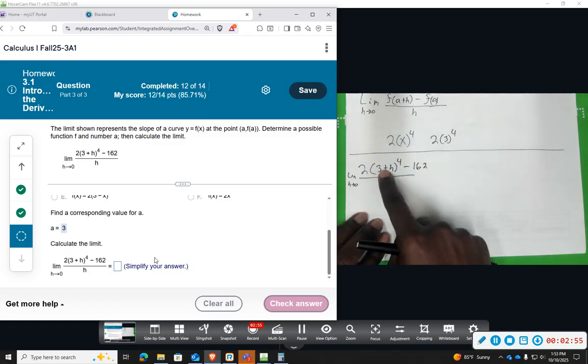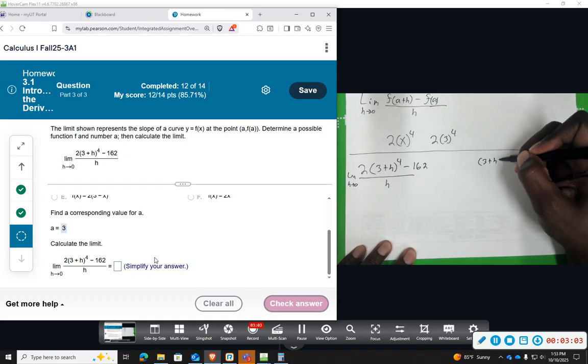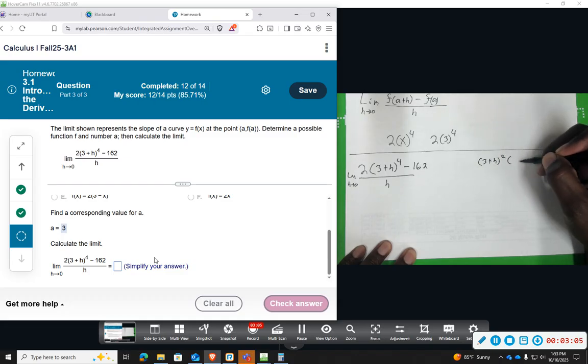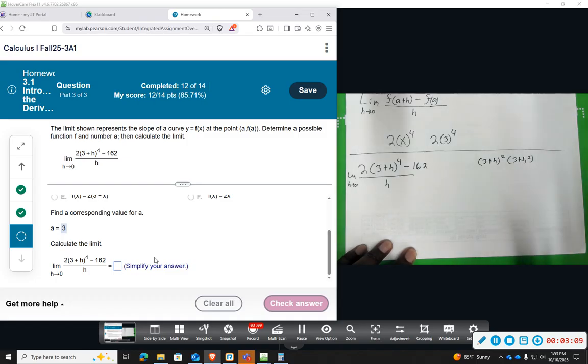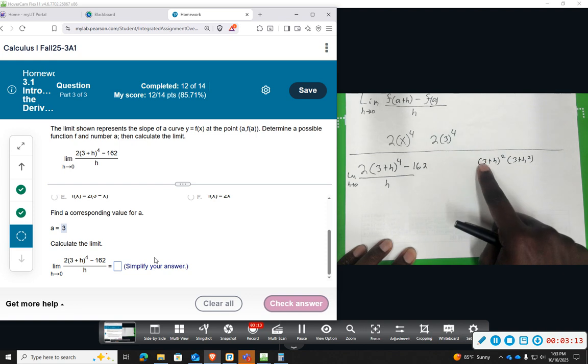Okay, so what I'll do here is I'm going to do this algebra out to the side. So I'm going to separate this as 3 plus h squared times 3 plus h squared. So instead of doing this like 4 times, I'm going to do just the binomial. So there's a shortcut for squaring. You just square the first term, multiply these two together and double it, and then square the last.